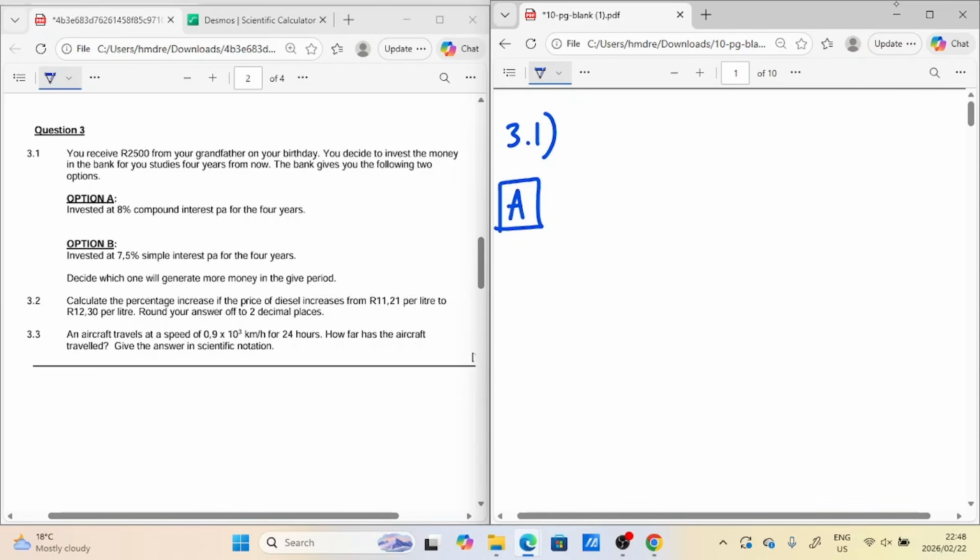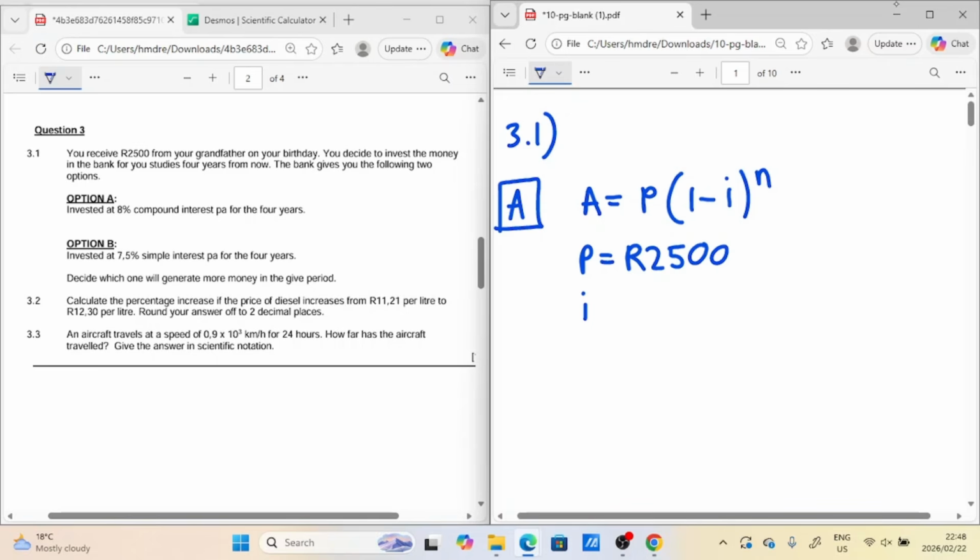So option A is compound interest. So we're going to use this formula, which you need to know off by heart. This is our compound interest formula. They tell us our principal amount, the starting amount that we get given from our grandfather, is 2,500 Rand.